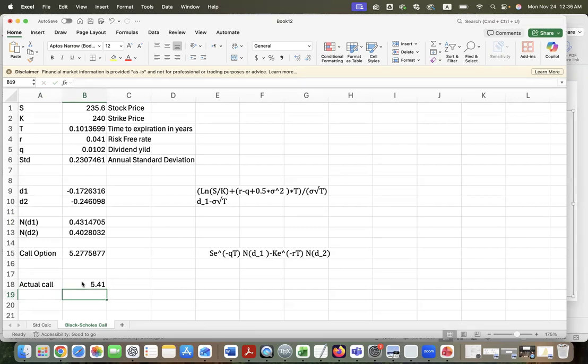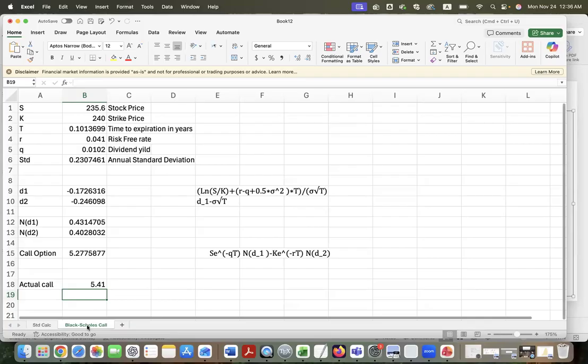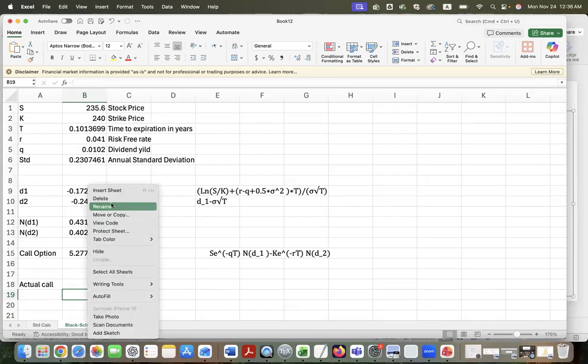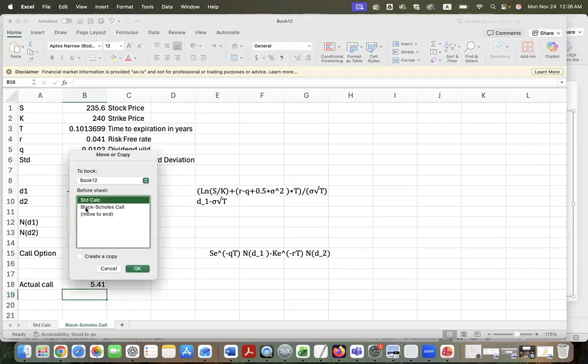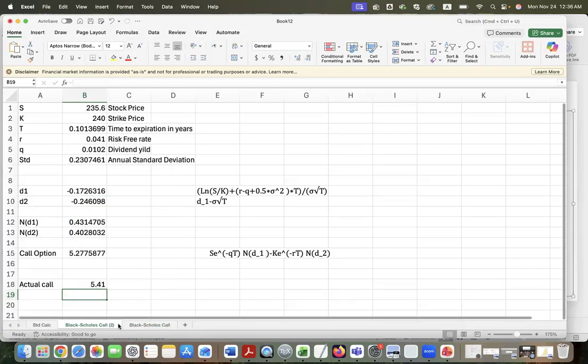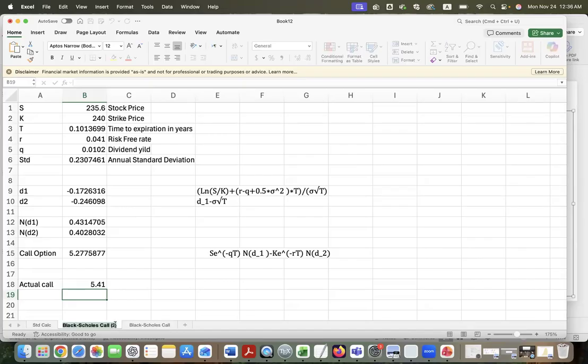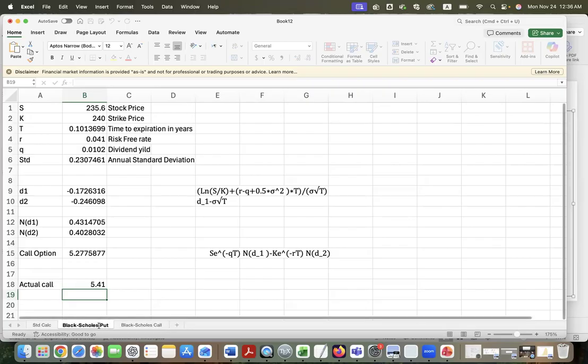Now I'm going to copy this and use the same thing. So I'm going to copy the whole tab, move or copy, Black Scholes, create a copy, okay. And I'm going to call this Black Scholes put. So how can we do this?